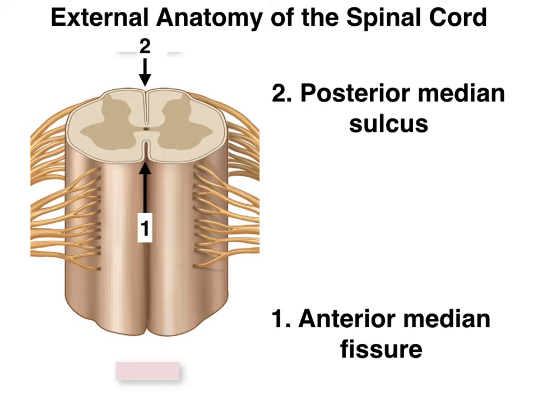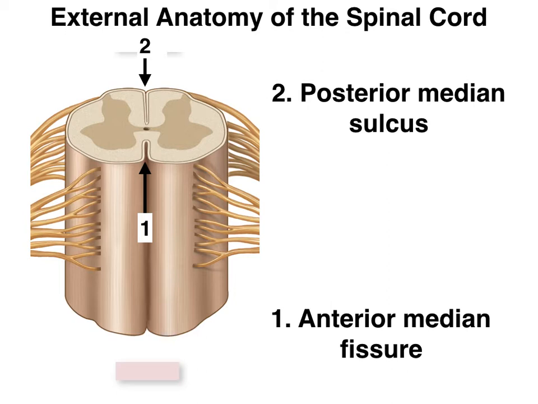Now, there has been a transverse section taken through the spinal cord, and inside of which you can see light and dark areas. The light and dark areas correspond to gray matter and white matter, which we talked about before in the brain. So in looking at the inside of the spinal cord, it kind of looks like a butterfly.